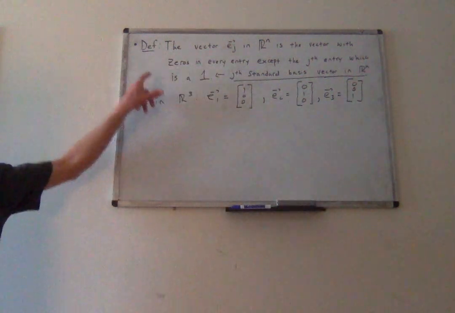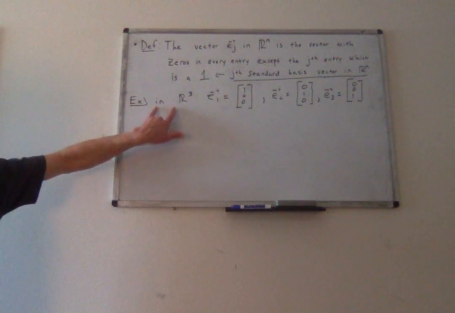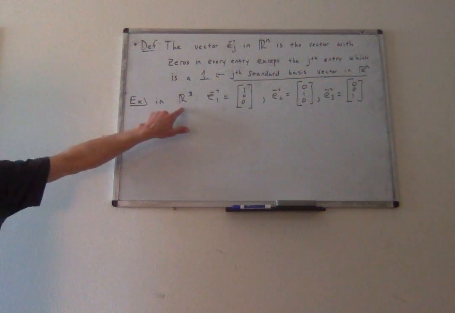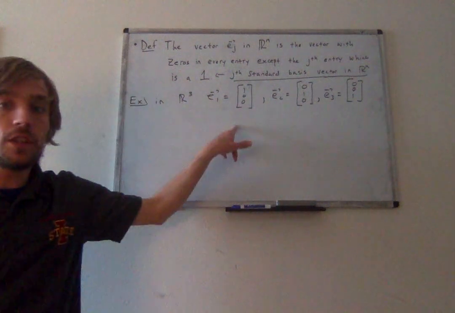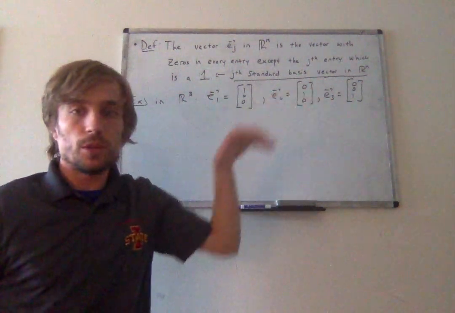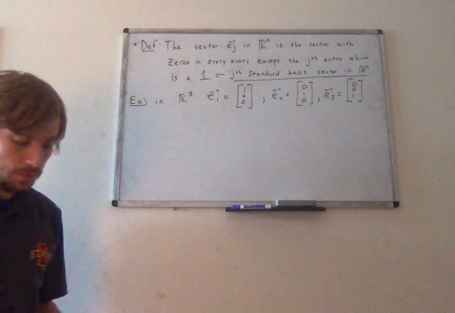So we always have to specify what length of vectors we're talking about. And then there are exactly n basis vectors, where this index just represents what position the 1 falls in.